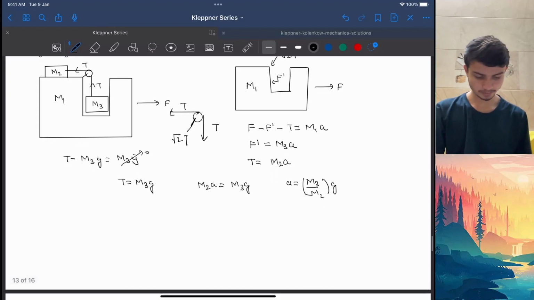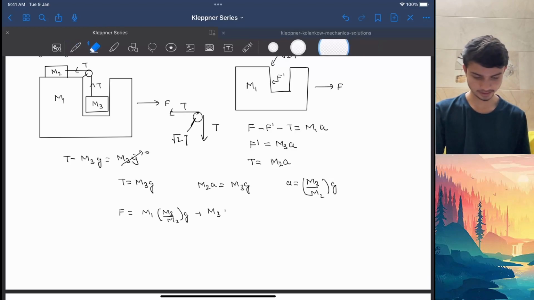So my F will be M1 M3 upon M2 times G plus M3.